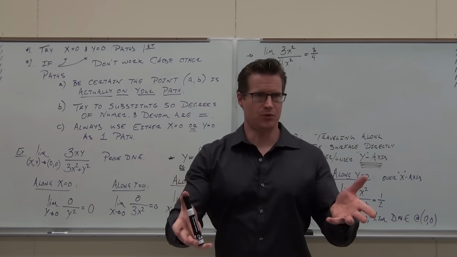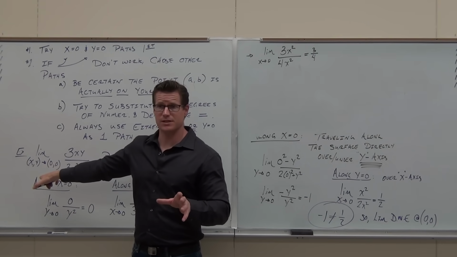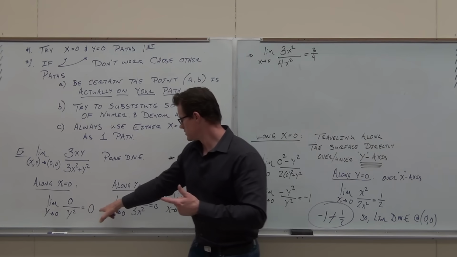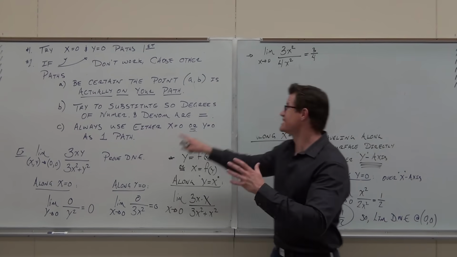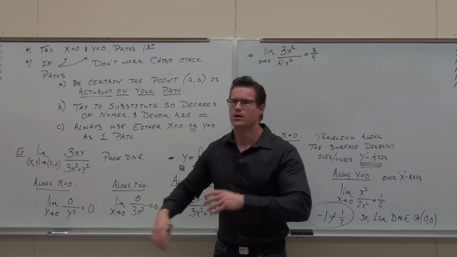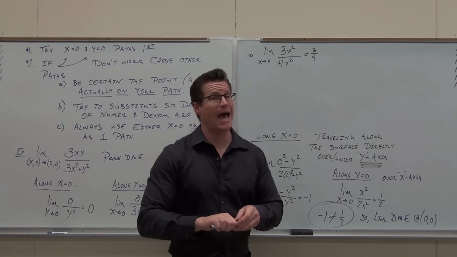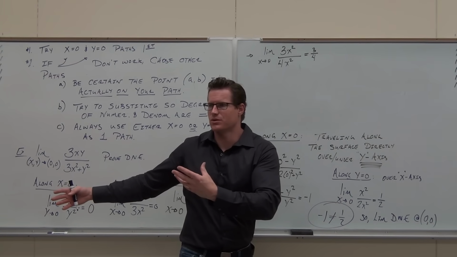Does that prove that the limit of this function at that point does not exist? Does that prove it? Yeah. Along one path we got 0. Along another path we got, well, that didn't prove anything. Along a different path we got 3/4. Since 0, choose either one, I don't care. Since 0 does not equal 3/4, that proves that the limit does not exist as the function approaches 0, 0 on the xy plane.